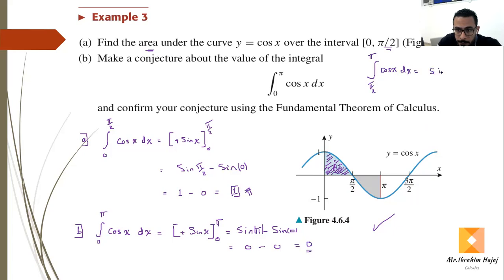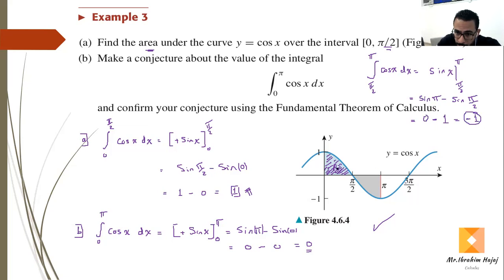The integral becomes sine x from pi over 2 to pi. Substituting, it's sine pi minus sine pi over 2, which is simply equal to 0 minus 1. So my final answer is negative 1.